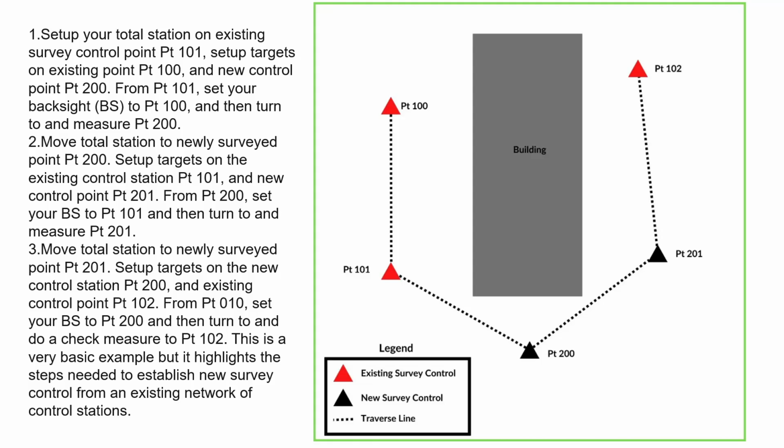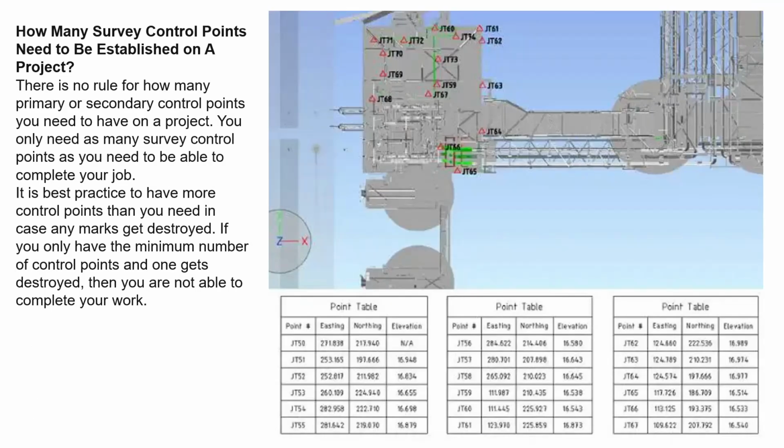This is a very basic example, but it highlights the steps needed to establish new survey control from an existing network of control stations. Another question, how many survey control points need to be established on a project? There is no rule for how many primary or secondary control points you need to have on an object.